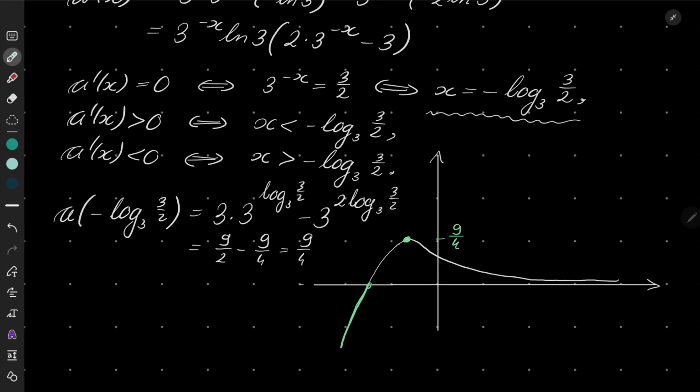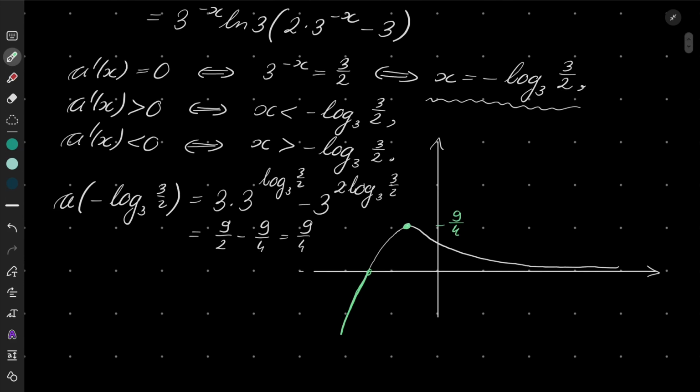So from our graph, it can be seen that our equation has only one solution if and only if a is non-positive or when a equals 9/4.